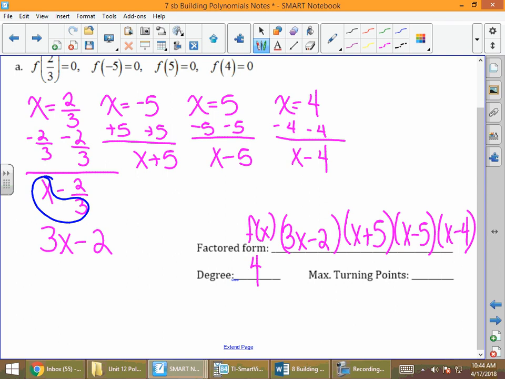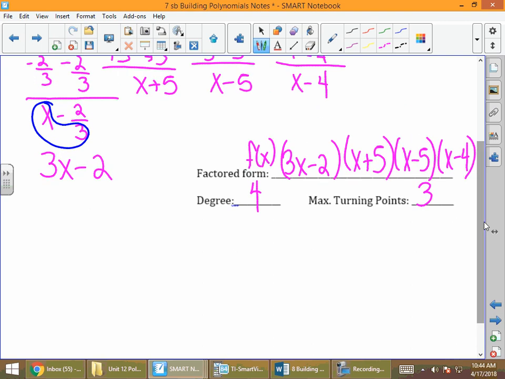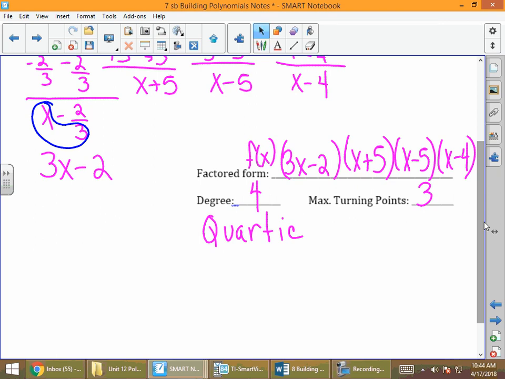How many turning points do we have if we have fourth degree? And one question that's not asked on here is, what do we call a fourth degree polynomial? It's called a fourth degree. Just as a refresher, I don't want us to forget these different terminologies.